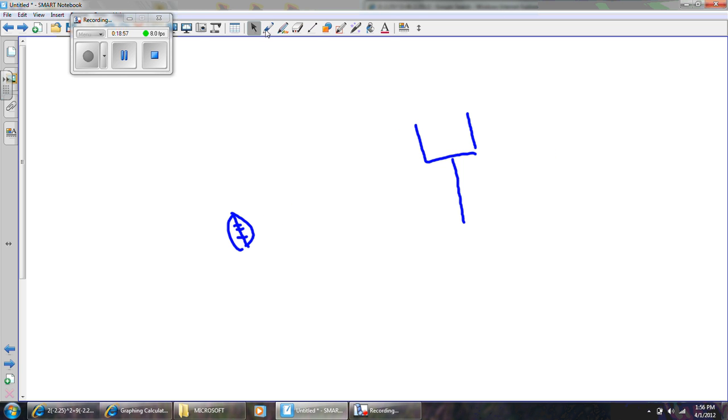Well, let's say the crossbar of the goalpost is going to be 15 feet high.